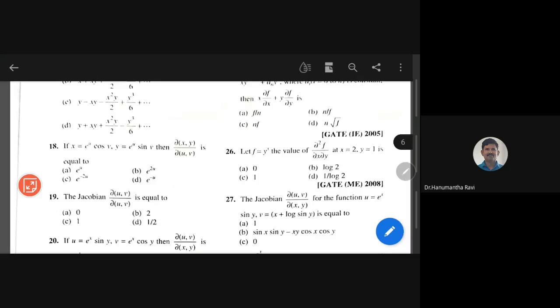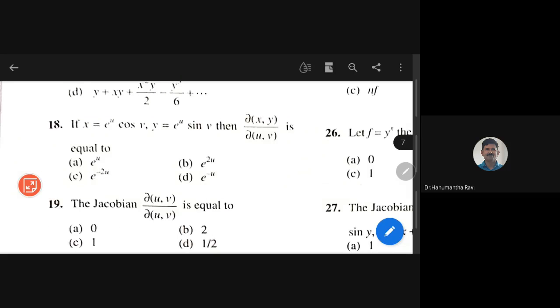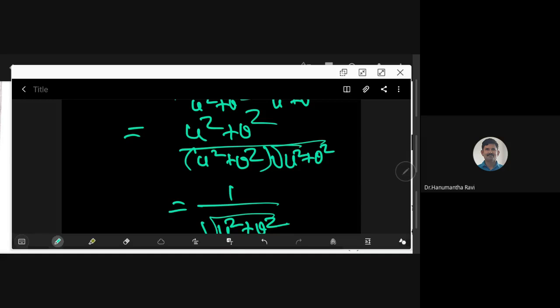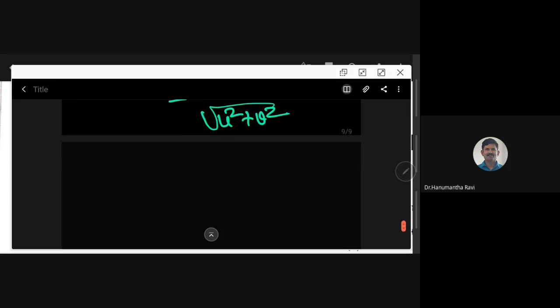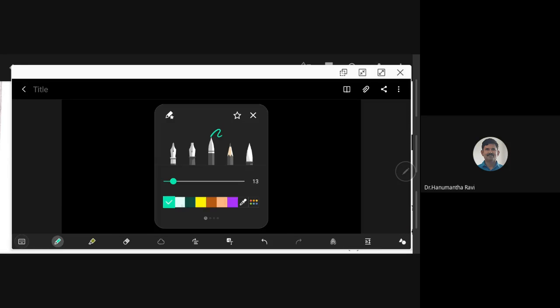This is our first problem, 18th problem. x is equal to e power u into cos v, and what else is given? y is equal to e power u into sin v.